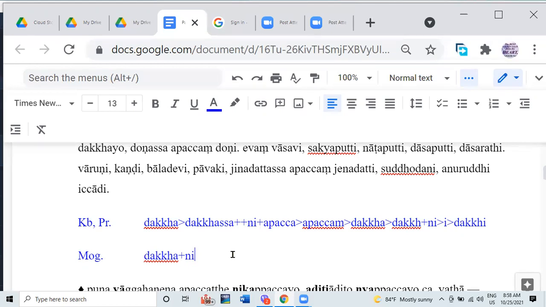Oh, thank you, Sayadaw, because I was wrong. I had the wrong idea, I thought the ni suffix should be after dakkhasa and pacha. No, it's not like this.